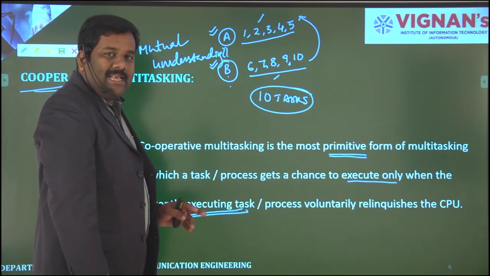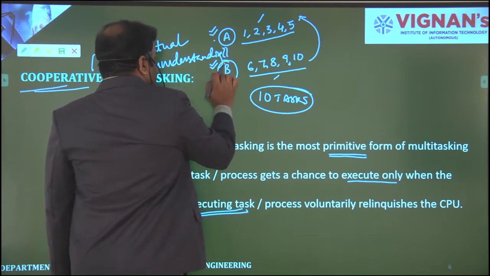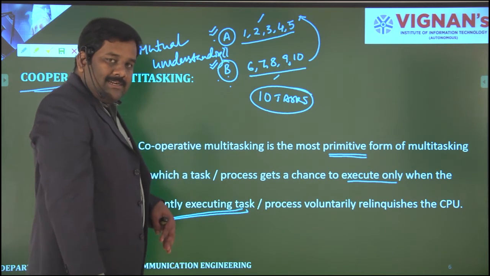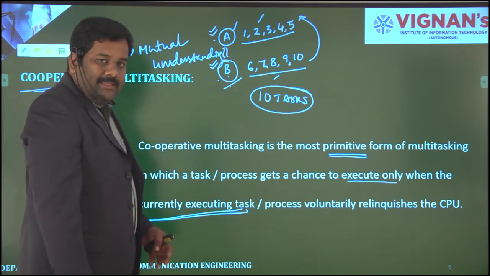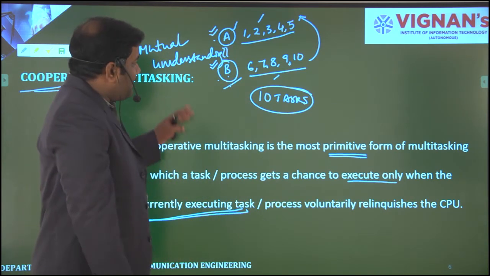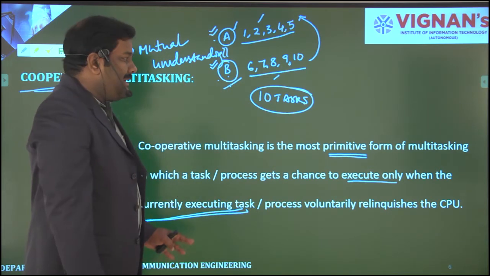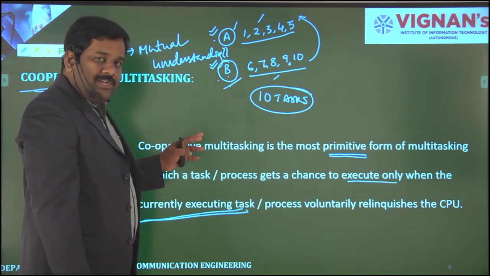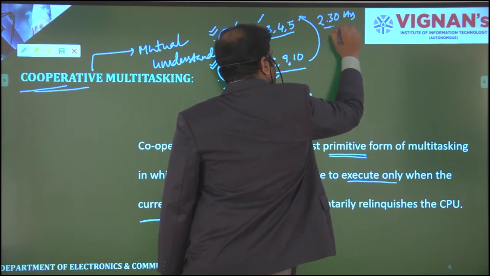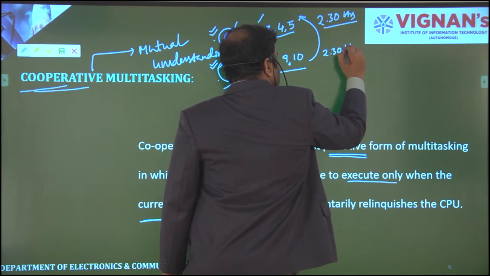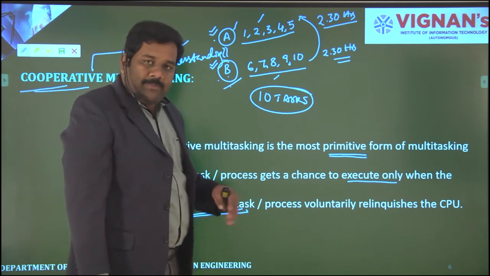No one is given any assignment or work. They decided that A reads topics 1 to 5 and B reads topics 6 to 10. They voluntarily decided, okay, I'll read 1 to 5, you will go and read 6 to 10, and mutually we will explain to each other. Then the time saved by each individual student: A can use these 2.5 hours to read the next unit, and B also has 2.5 hours of relaxation time, or he can spare those 2.5 hours to prepare the next unit also.